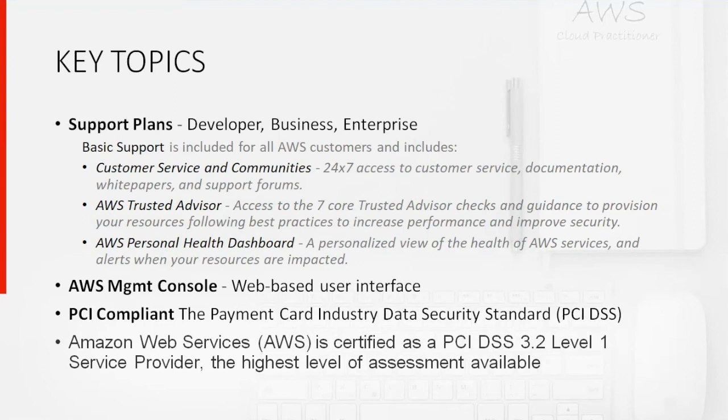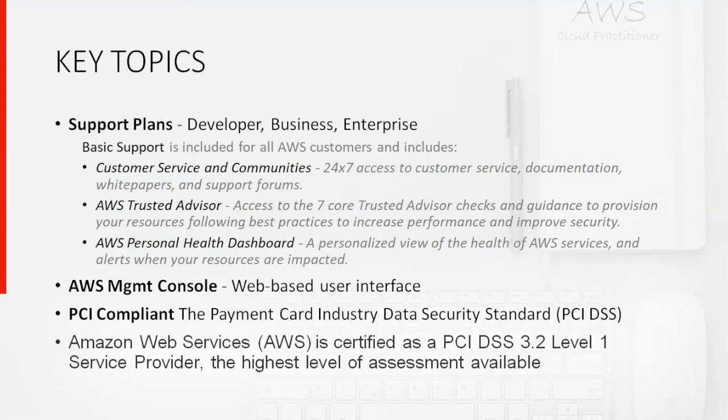Key topics. Support plans. Developer, business, enterprise. Basic support is included for all AWS customers and includes customer service and communities, 24/7 access to customer service, documentation, white papers, and support forums.